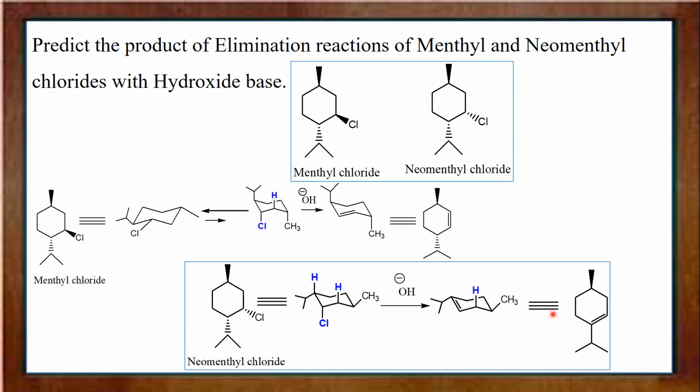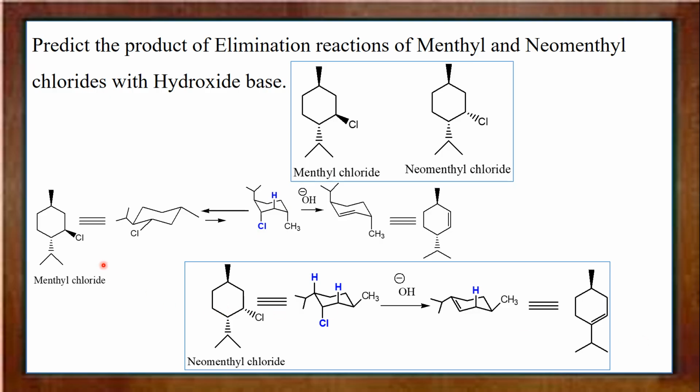This is converted to the hexagonal structure, and this has 1, 2, 3 allylic carbon atoms connected to the olefinic double bonded carbon atoms. Therefore, this is a trisubstituted alkene, and this is almost the only product from neomethyl chloride.